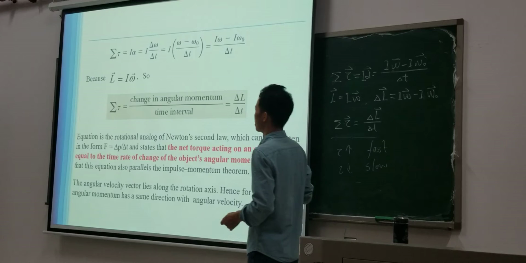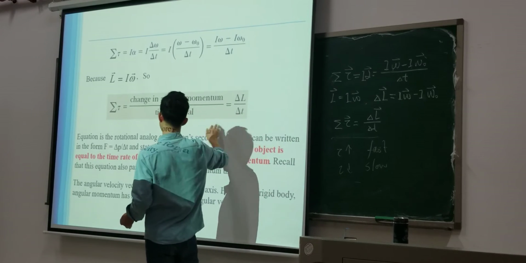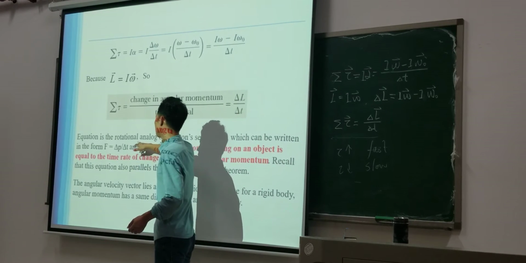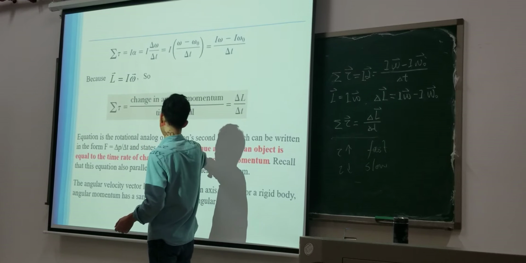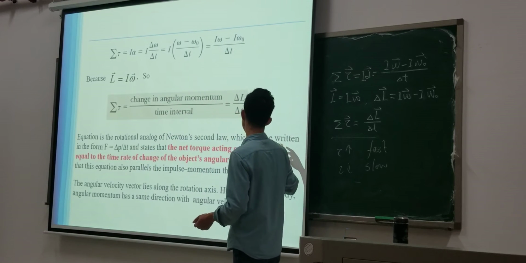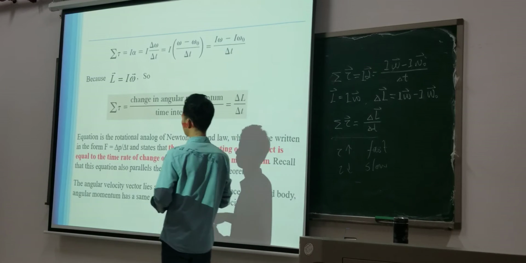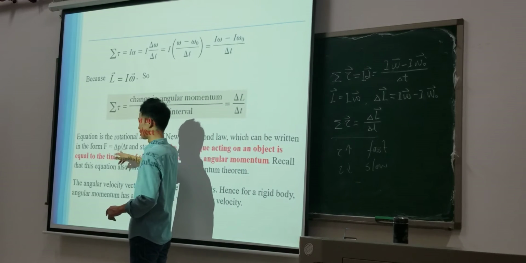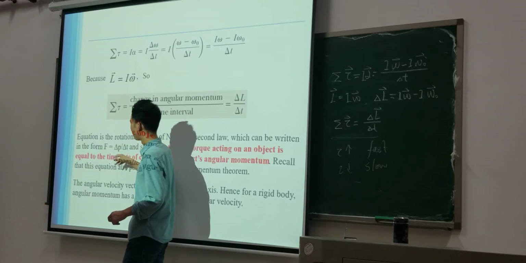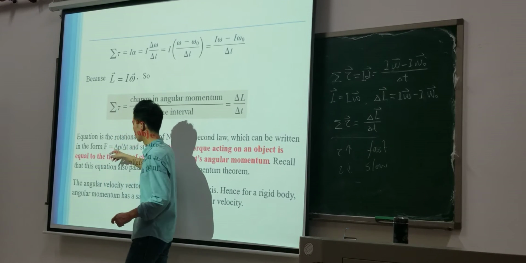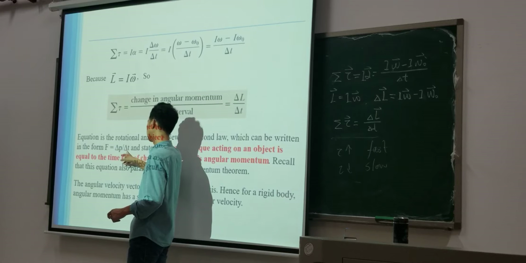This equation is the rotational analogy of Newton's second law, which can be written in the form F equals delta p over delta t. In linear motion, the force is equal to the change of momentum over the time interval.